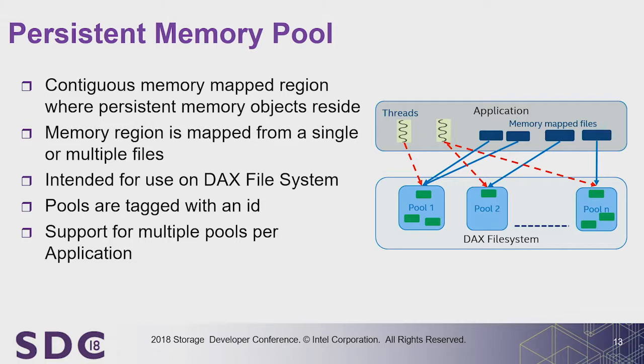It's only intended to work with DAX file systems. So how do you identify, if your application crashes and you come back up, how do you get back to the data structure that you were working with? You give the pool ID, and from the pool ID there are different ways of getting to the root of the pool, and then you can get to the data structures that you've been working with.